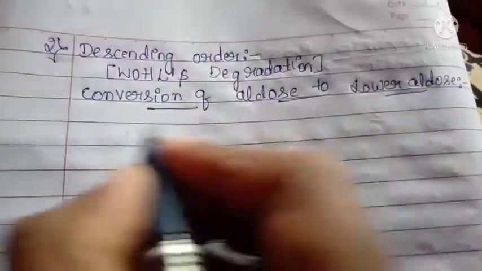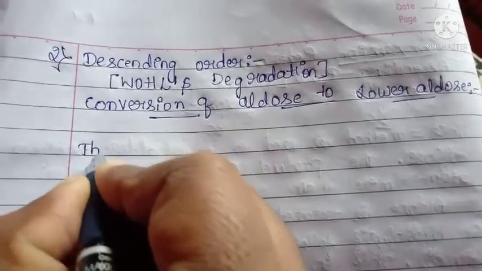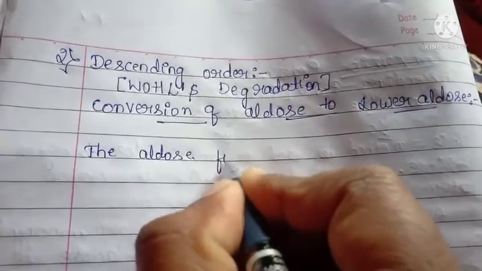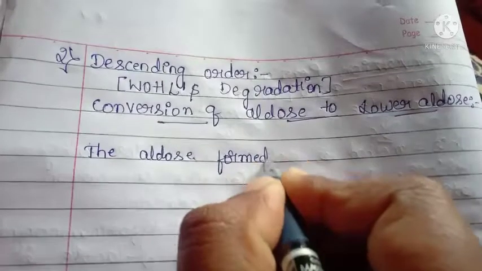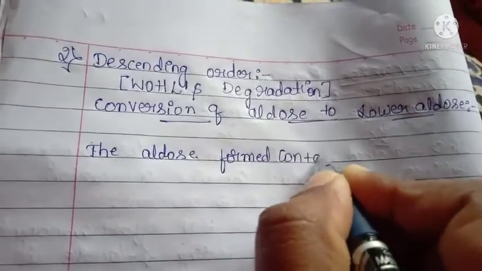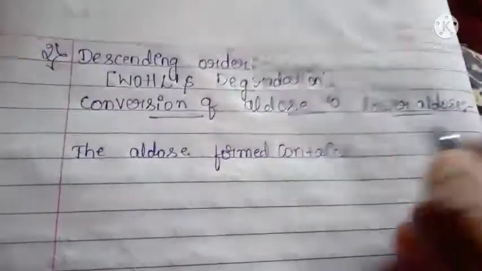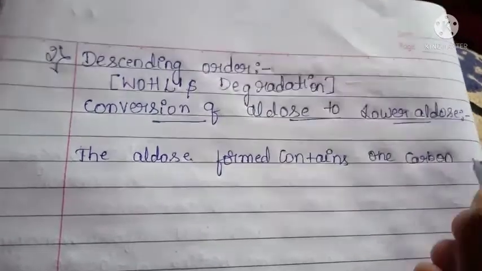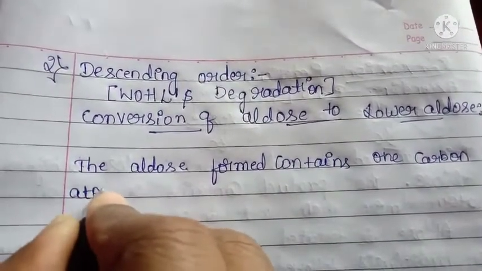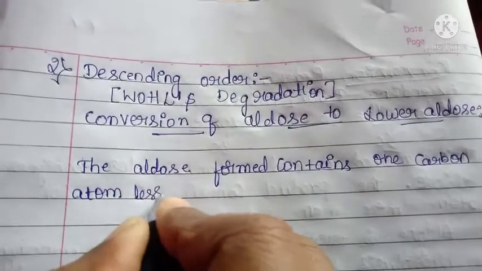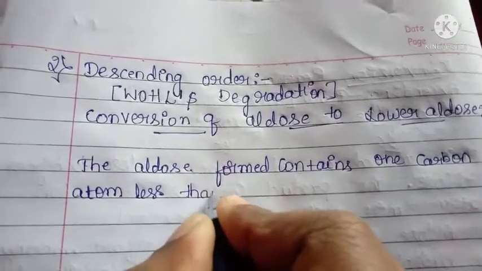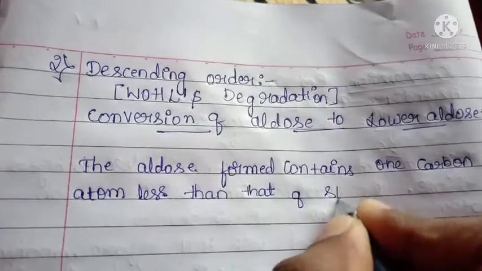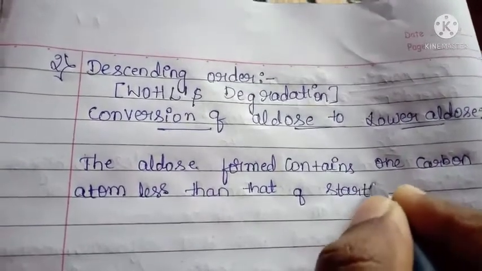Okay, it means the aldose formed contains one carbon atom less than that of the starting aldose.